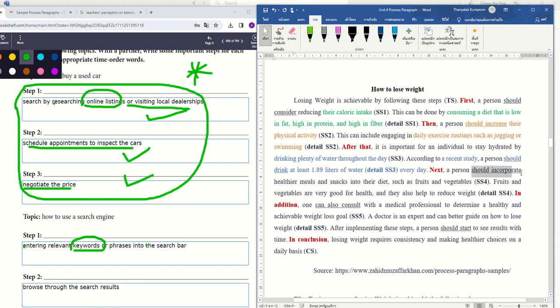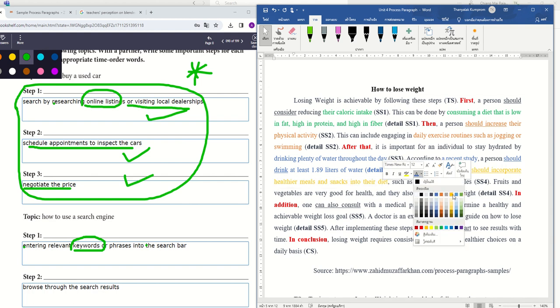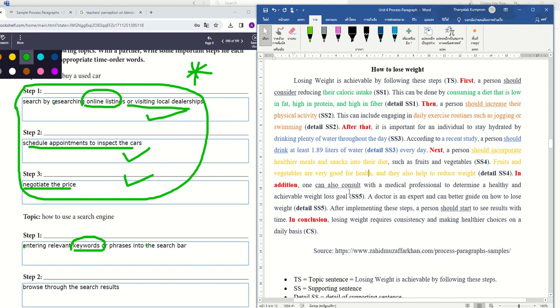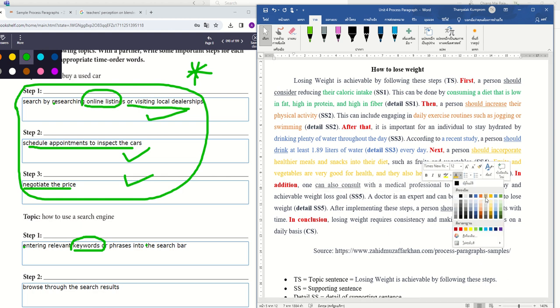Next, a person should incorporate healthier meals and snacks into their diet. Healthy meals, healthy food. Fruit and vegetables are very good and healthy, and help reduce weight. Connection again. And the last one, in addition, a person can also consult with a medical professional to get reliable and useful information.